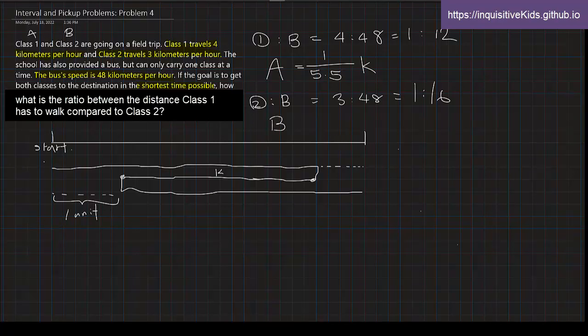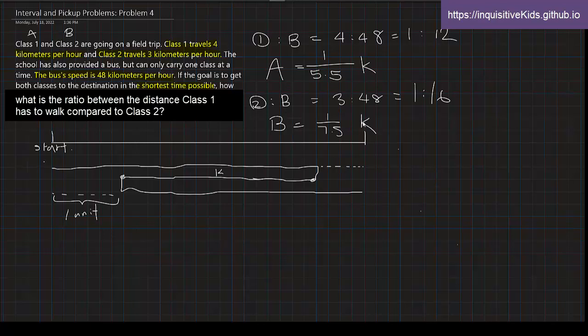So if this is B, then B is equal to 1 over 7.5 of K. Now we have the ratio of Class 1 speed to the speed of the bus. We also have the ratio of Class 2 speed to the speed of the bus. Now we can find the ratio between the amount that Class 1 walked and Class 2 walked.